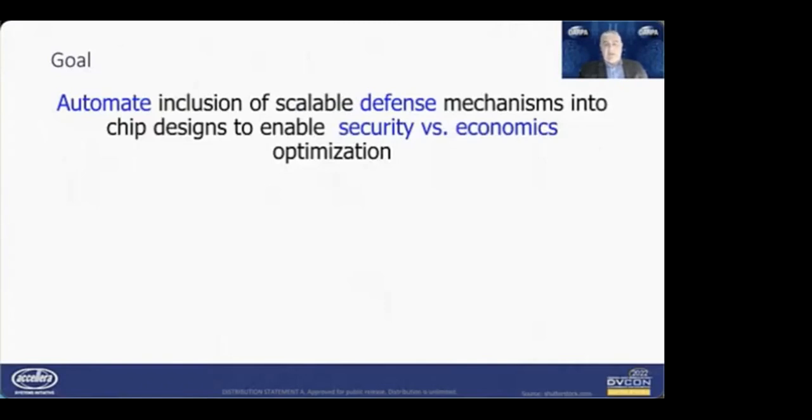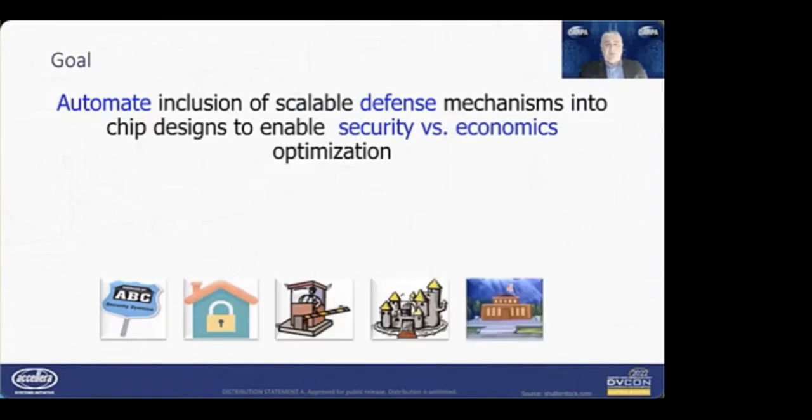The reason for doing this is to enable security versus economics optimization and pursuit of trade-offs. So the principal observation is that there is not one security strategy that fits all cases. What we're doing is looking at this as a gradient of security strategies and corresponding costs.